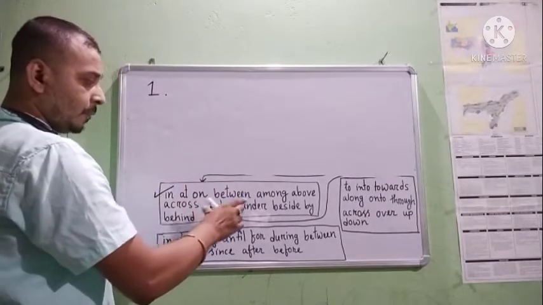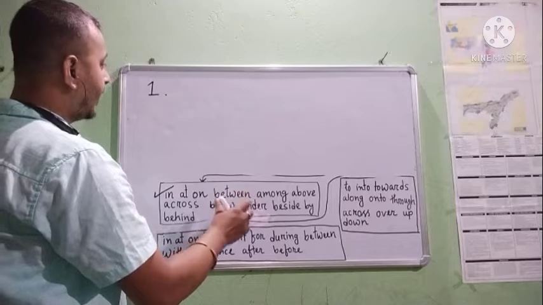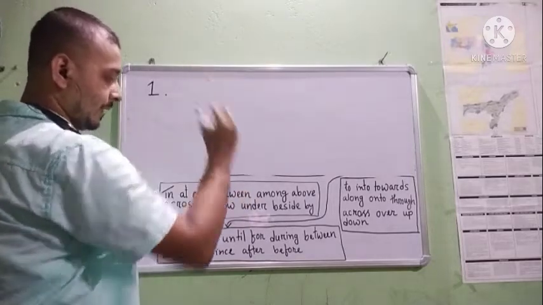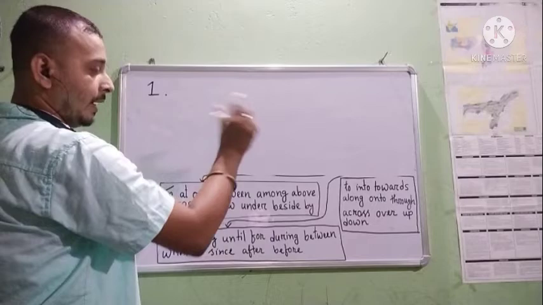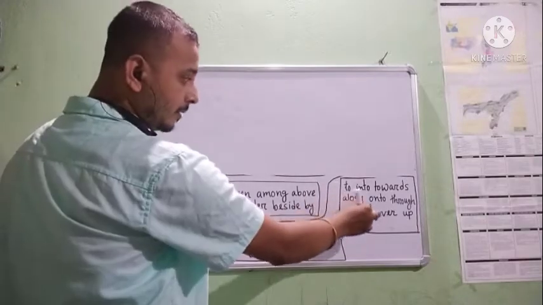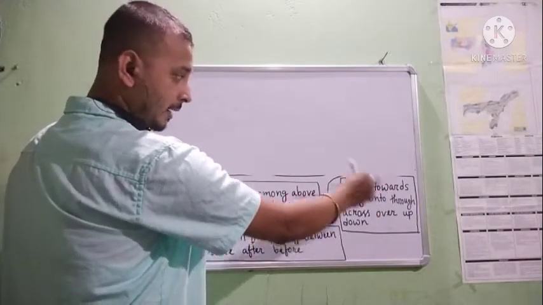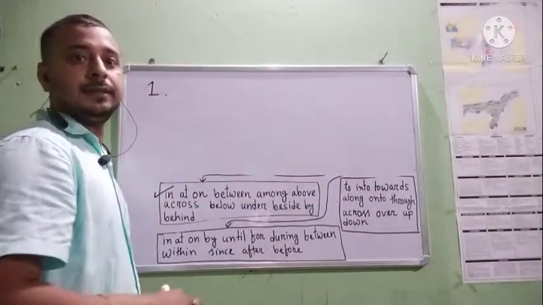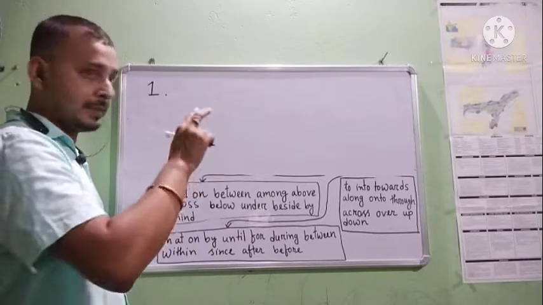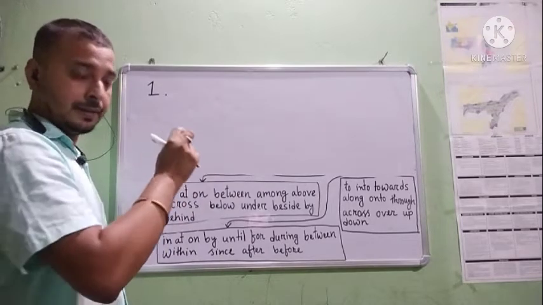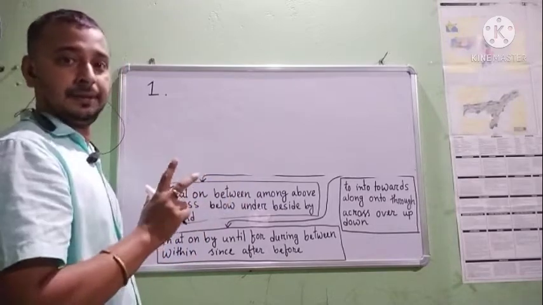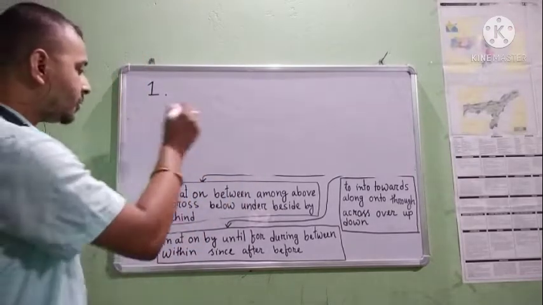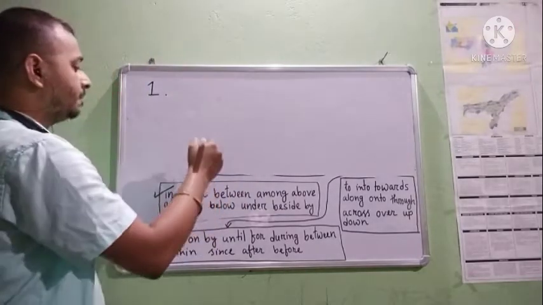From these prepositions, I will make two sentences, and from these prepositions of time, I will make two other sentences. Then from prepositions of direction, I will make two other sentences. So there will be 6 sentences, and you will know the distinction between them very clearly. Okay. So first of all, preposition of place.